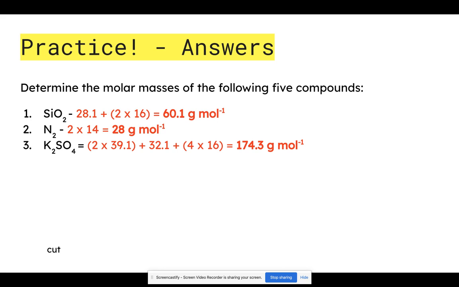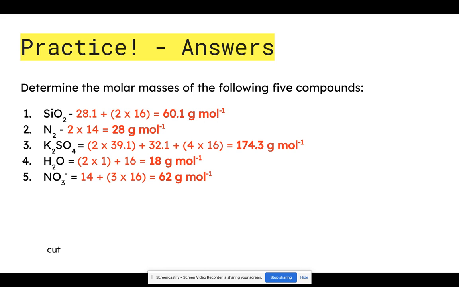Potassium sulfate, this one's pretty tricky. We've got 2 potassiums at 39.1 each, 1 sulfur at 32.1, and 4 oxygens at 16 each, which gives us 174.3 grams per mole. Water, 2 hydrogens and 1 oxygen, gives us 18 grams per mole.